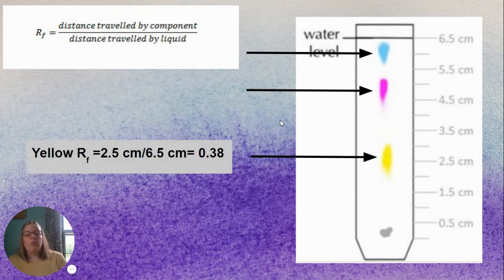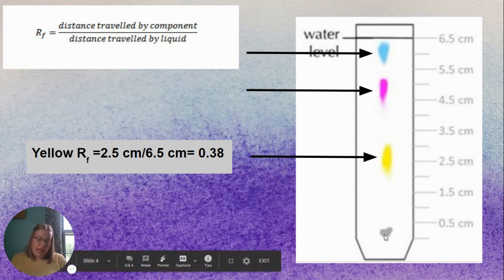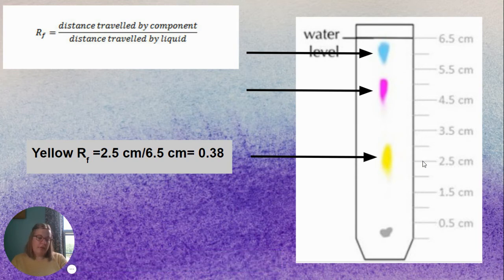Okay, so if I want to calculate the RF value for the yellow band here, I'm going to take my ruler, and in our lab I've taken the pictures and I have the ruler there for you ready to go. You're going to measure from the start where the dye was up to the middle of the band, which we're going to estimate at approximately 2.5 centimeters.